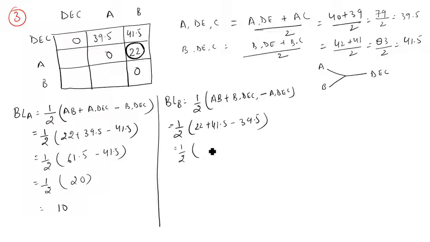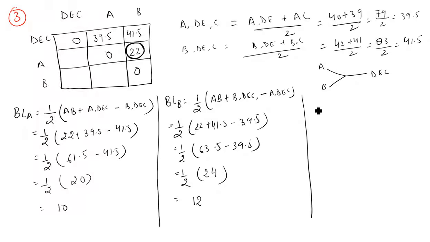So 1 by 2, 63.5 minus 39.5. So it will become 1 by 2, 24. And so it will become 12. So 12, 10, 22. So that is the value, correct.